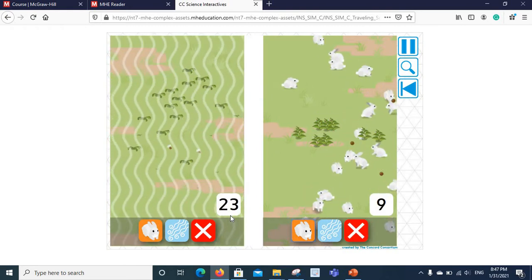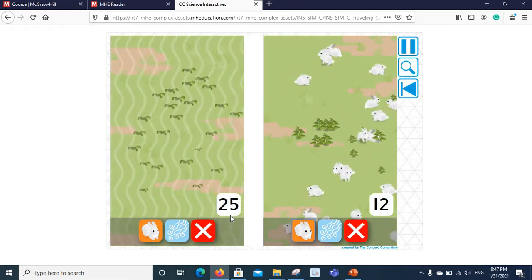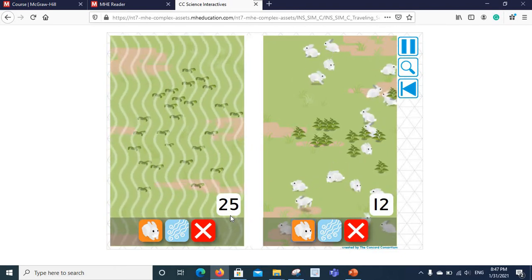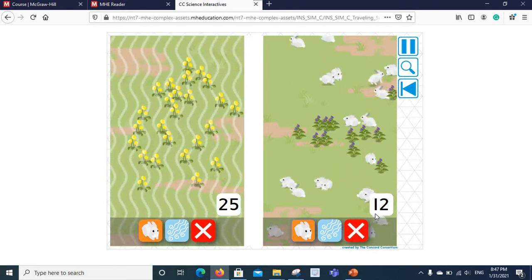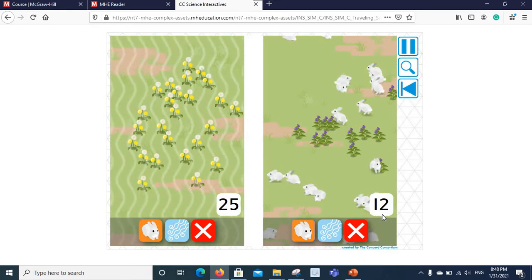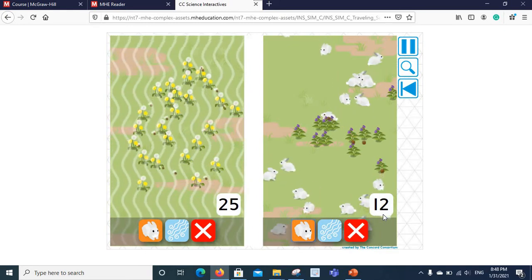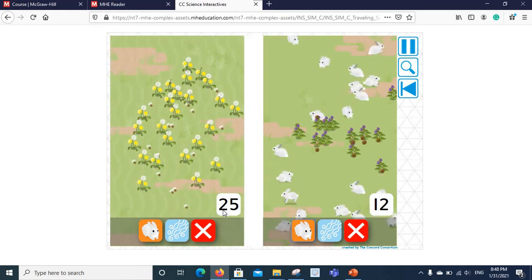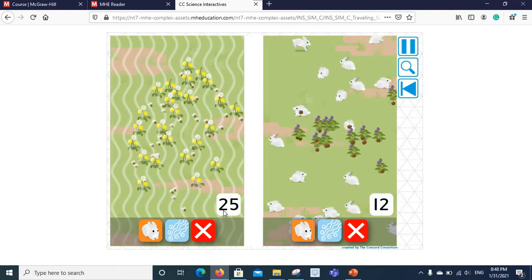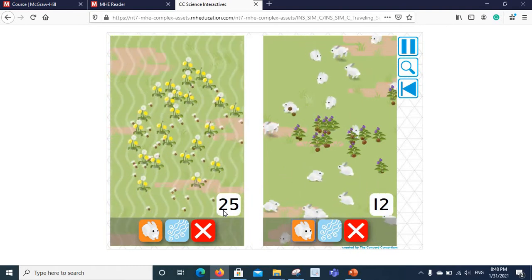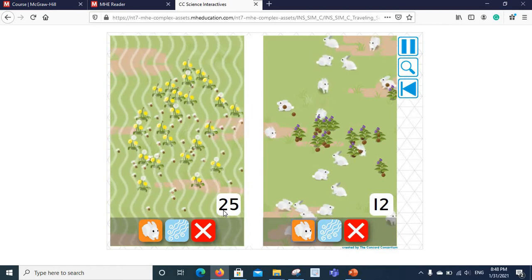They are spreading more and more. Now we have 12. We start with 7, but now we have 12. And here we start with 7, but now we have 25. They are increasing more and more.